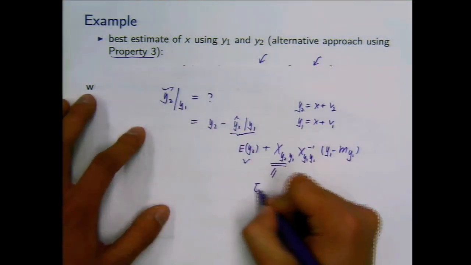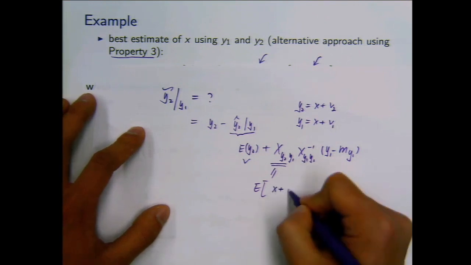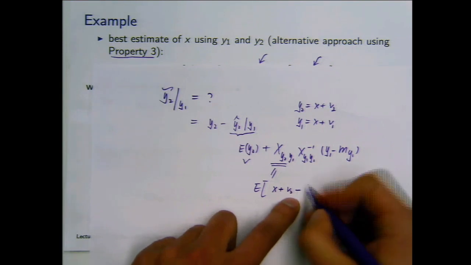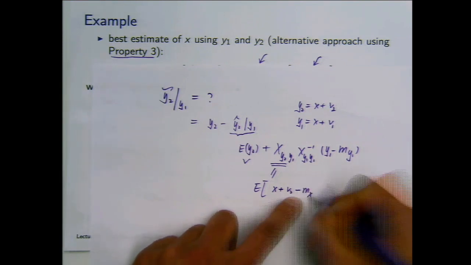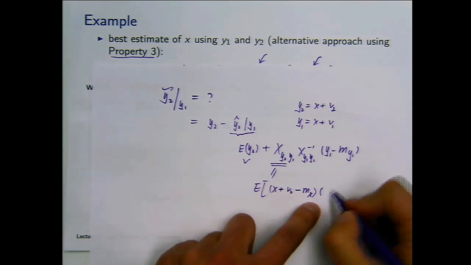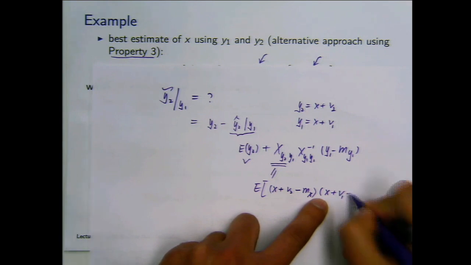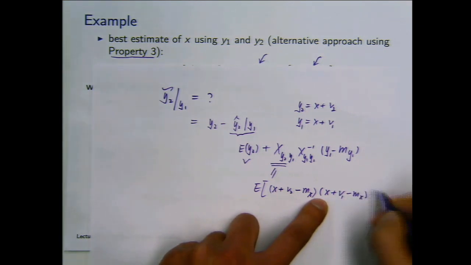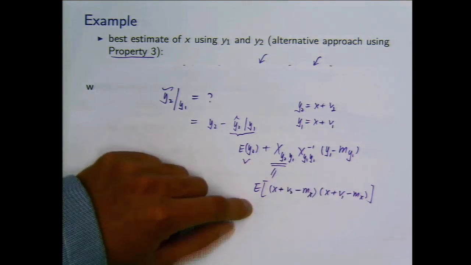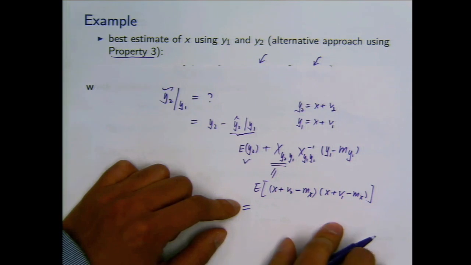It's going to be equal to the expected value of y2 minus its expected value, which is going to be the expected value of x, because v2 is zero mean, times x plus v1 minus mx. I won't need a transpose because we're doing scalars here. Now, can someone immediately tell me what this value equals to?